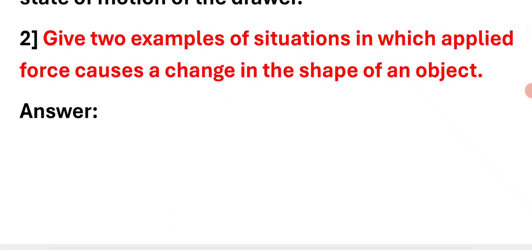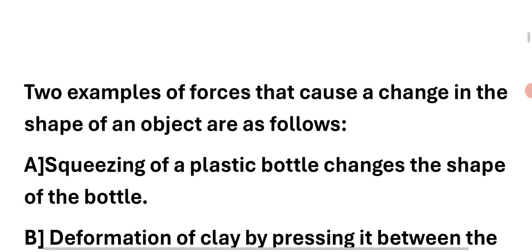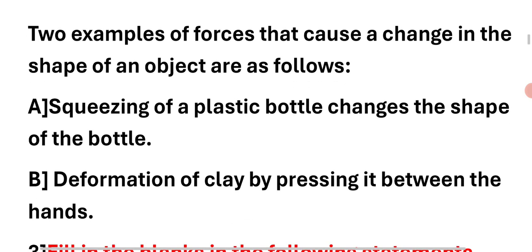Question number 2. Give 2 examples of situations in which applied force causes a change in the shape of an object. Right answer. 2 examples of forces that cause a change in the shape of an object are as follows.